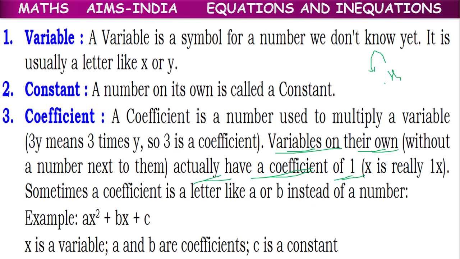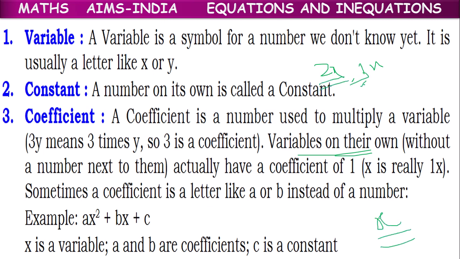If there is nothing, we have to assume there is 1. So x can be written as 1 into x, where 1 is the coefficient. Variables without a number next to them, unlike 2x, 3x, have a coefficient of 1, because x can be written as 1 into x, 1x.